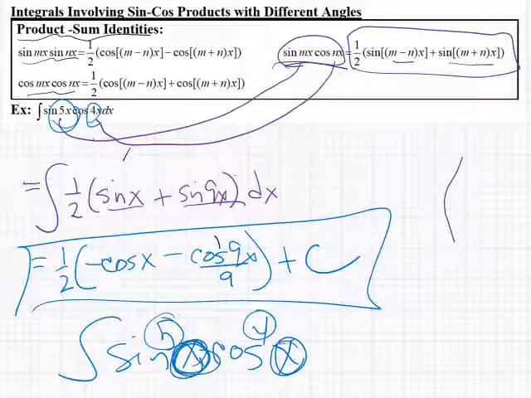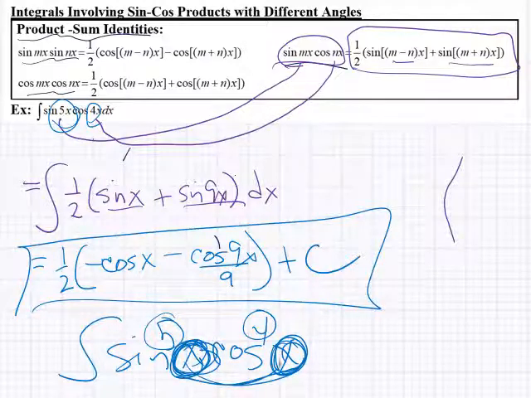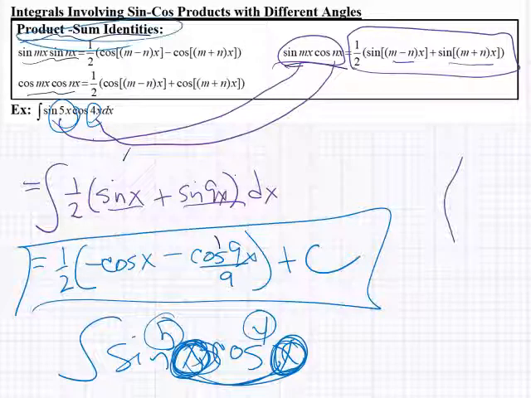When these angles inside the sine and cosine are not the same, that's when things get worse. Yes, we have some product of sum identities we can try and use, but they're very limited. Notice both sine and cosine are to the first power. So you could see if we start introducing powers into this, it just becomes something that's not worth working with right now.